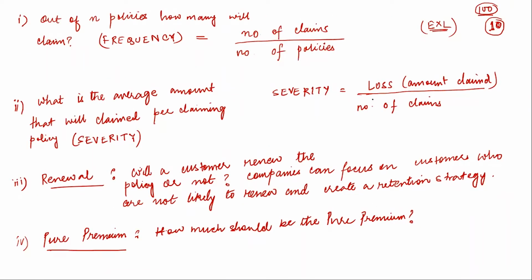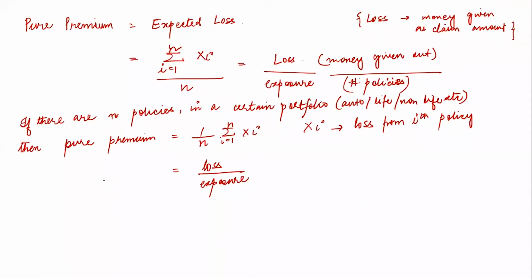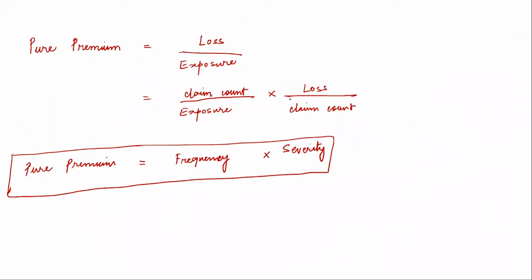Okay. So now we're going to talk about certain basic terms I want you to learn. Frequency and severity are the two fundamental terms. Then we'll talk about pure premium. We'll discuss what is renewal, what is pure premium, what is loss, exposures, etc. And then finally the relationship of pure premium with frequency and severity.